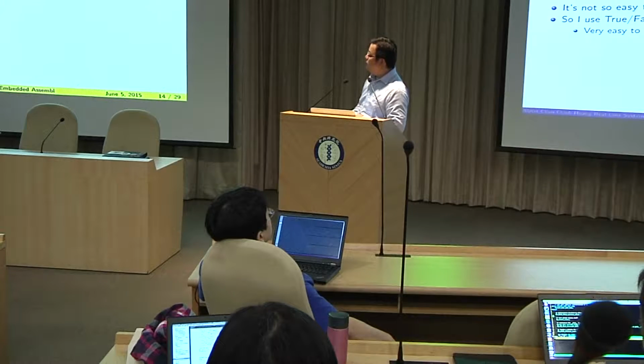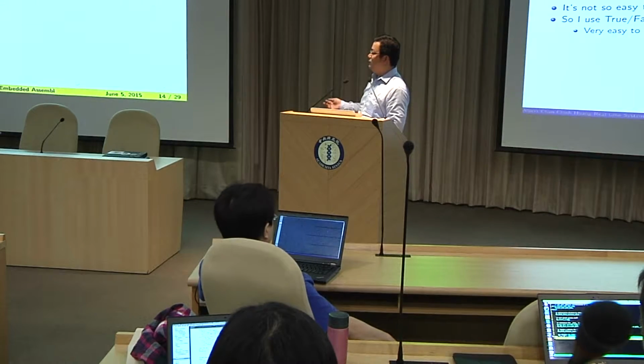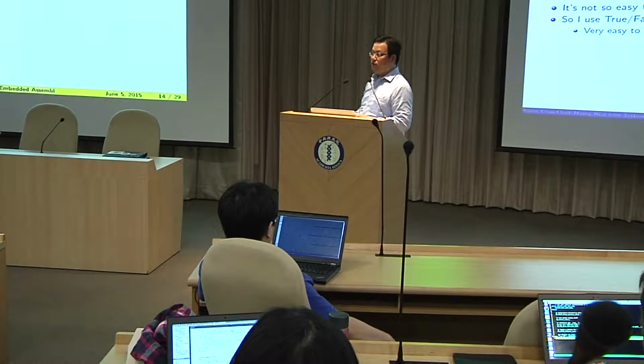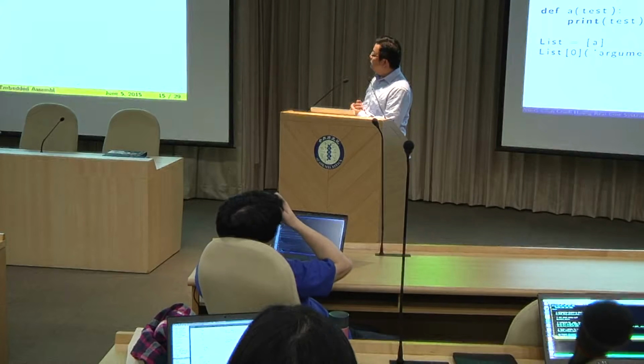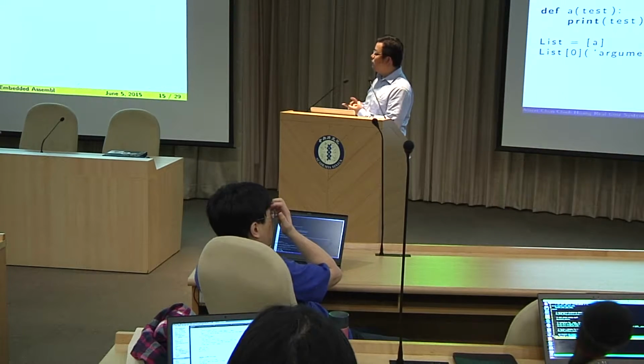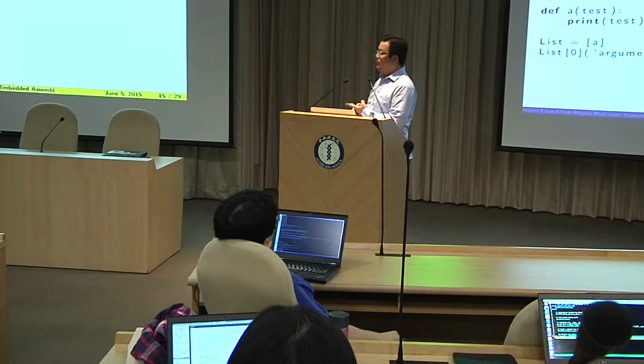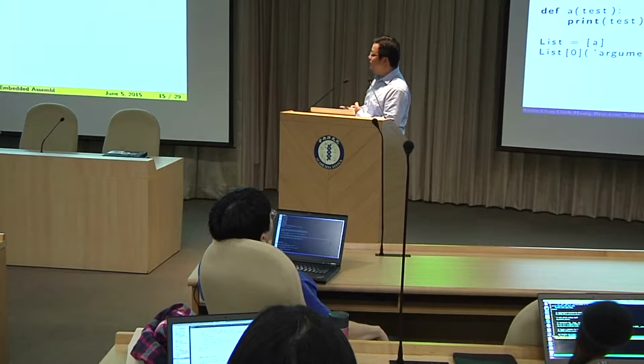So for bitwise arithmetic or branching, it's not easy to perform bitwise directly in Python, so I choose the true/false list. And in assembly, function pointers are actually registers, and you do a jump. But in Python, what is a function pointer? We just use the name in a list.